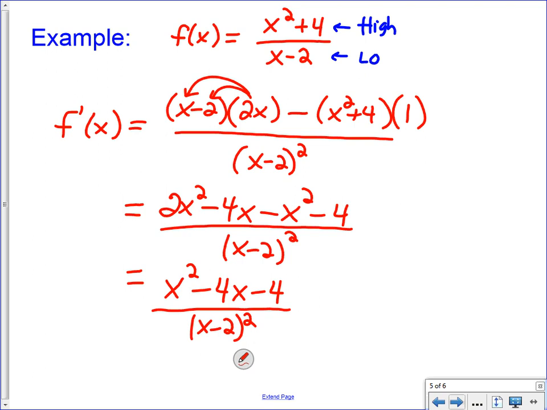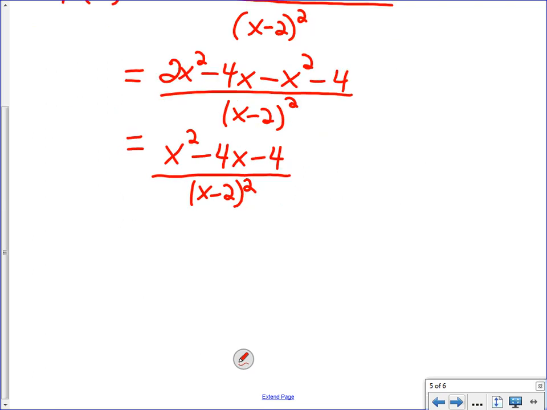You could also FOIL the x minus 2 squared. You might see that done in some of the answers. Most of the time, though, we consider simplified form factored form. So in some cases, if you can factor, you would want to do the factoring and then see if you can cancel any factors.